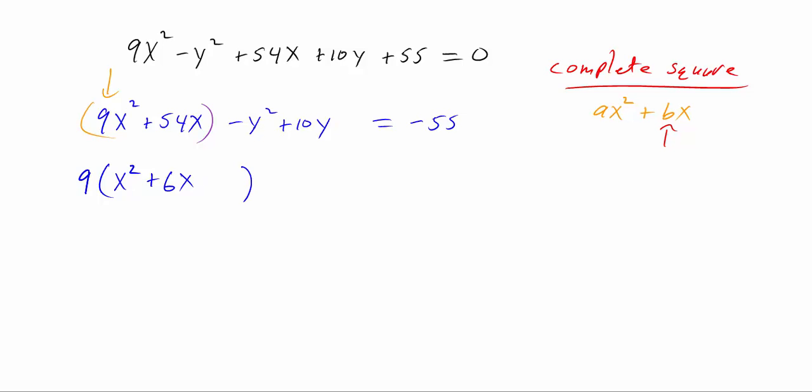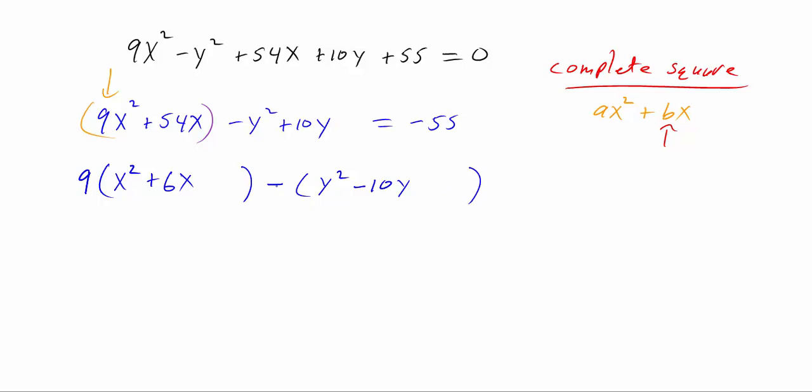Now here we have y squared, and actually it's a minus y squared plus 10y. So we need to be careful, and we want to factor out the negative sign. If I pull the negative out, then this would be a positive y squared. But if we take a negative out of the 10y, that's going to make that a negative 10y. And we're going to leave a little bit of space for what we need to add on.